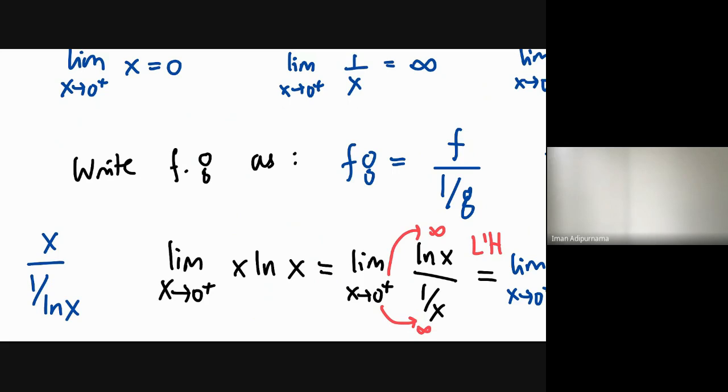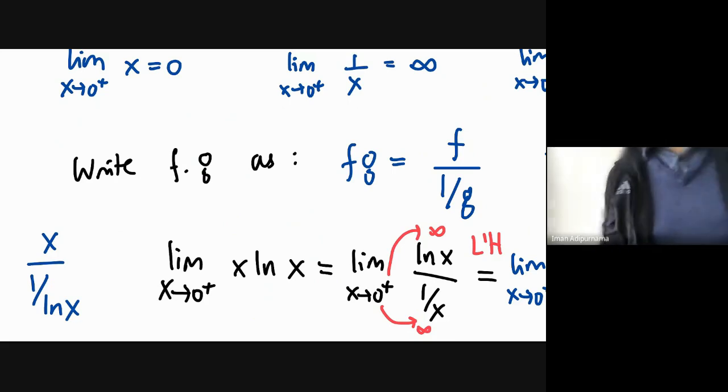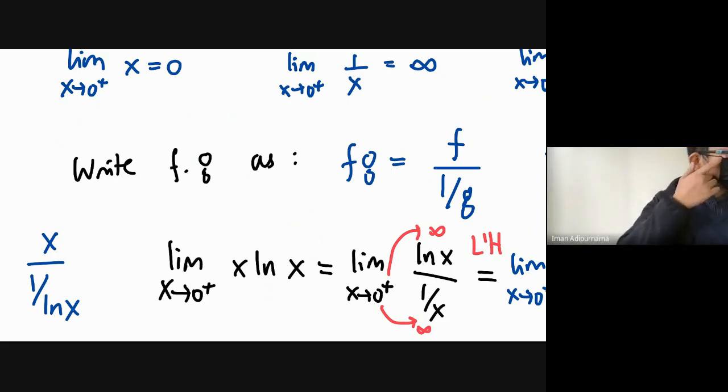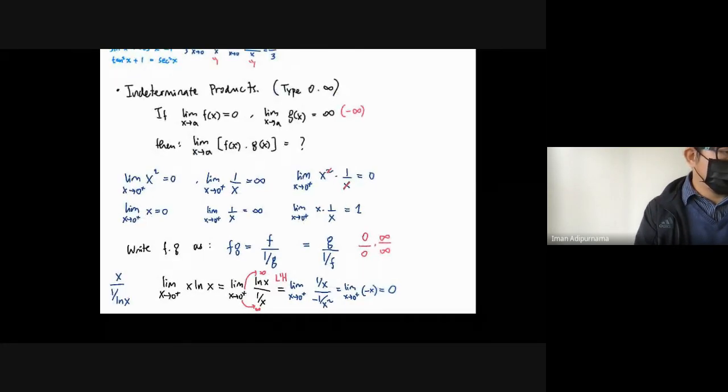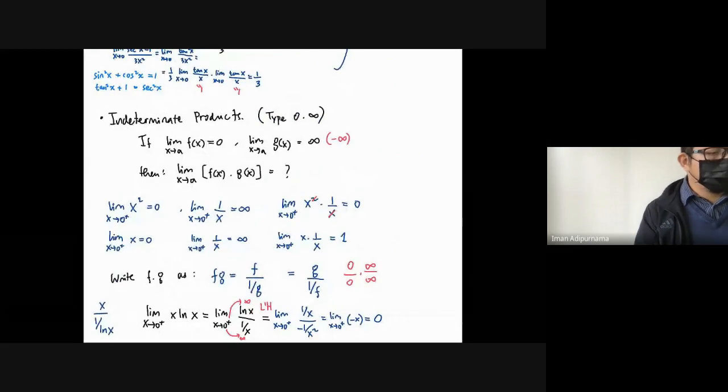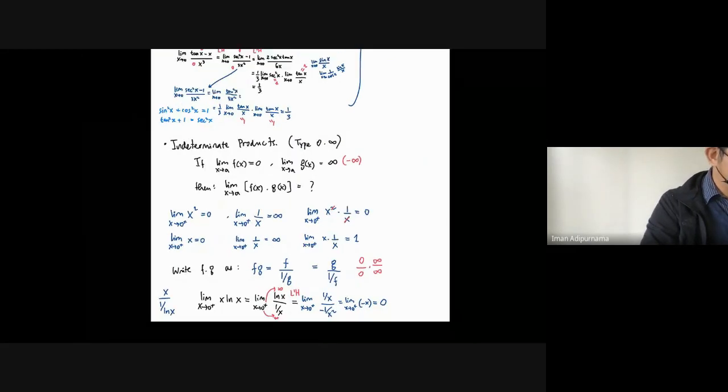If you check 0 times infinity, this is infinite, 1 over infinite is 0, so 0 over 0. You can do L'Hopital, but I think it will be a more complicated process if you check the result. Okay, so that will be the indeterminate products, 0 multiplied with infinity forms.